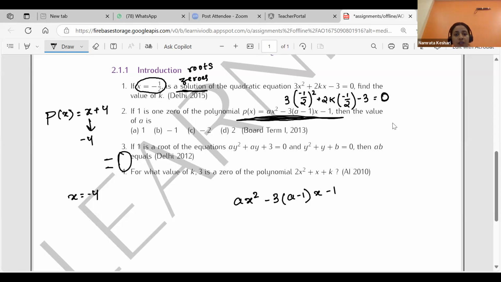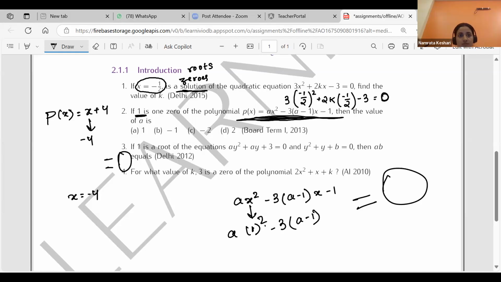Yes, ma'am. So if 1 is the zero, then once we substitute this 1 at the place of x, the result has to be 0. Yes or no? Yes, ma'am.